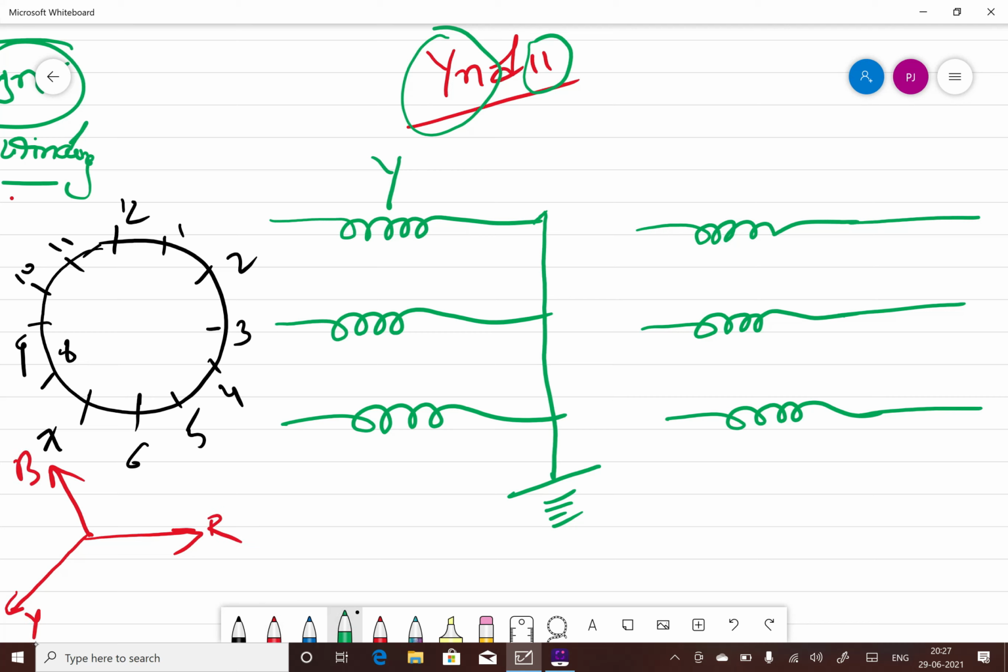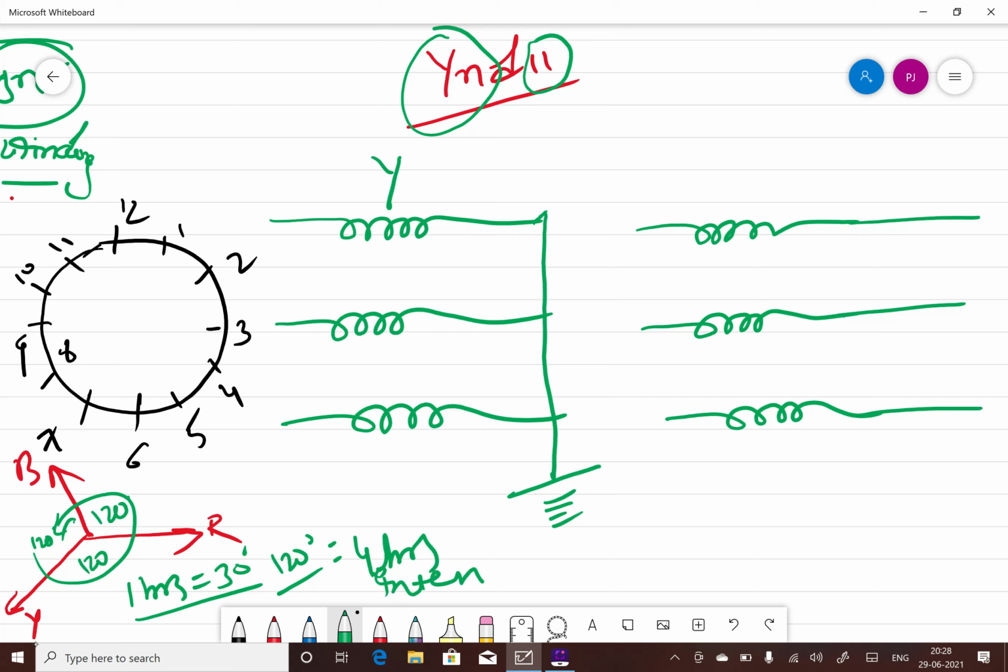And if you rotate it in the counterclockwise direction, that means Y phase lags R phase by 120 degree, and similarly B lags again by 120 degree. I have already explained the basic concept that 1 hour on this clock equals 30 degree. So if you want to draw anything at 120 degree, you have to draw it at a 4-hour interval.